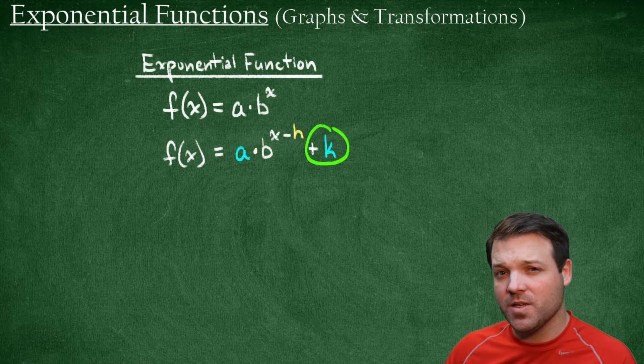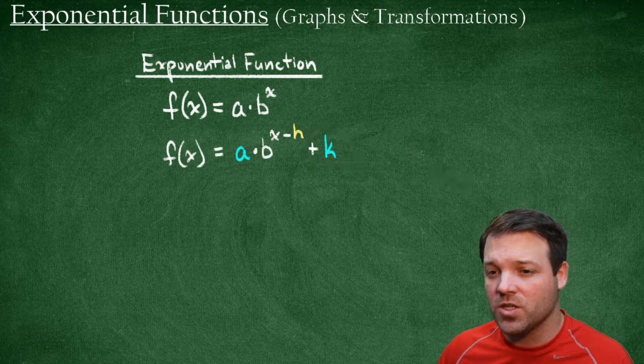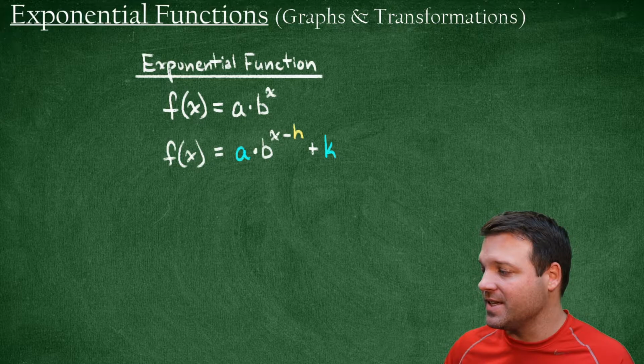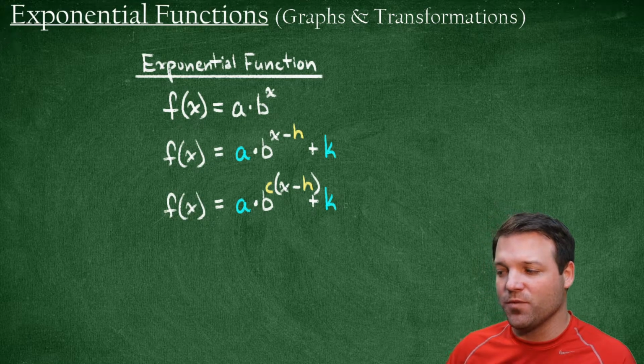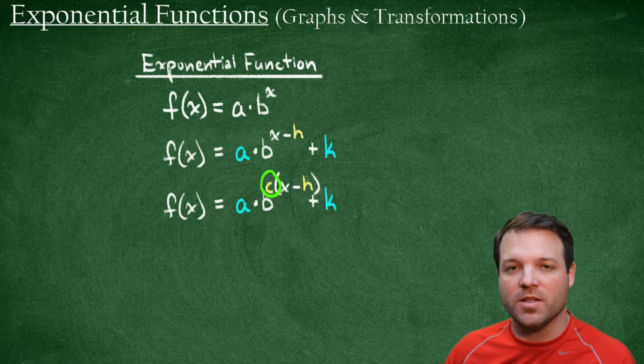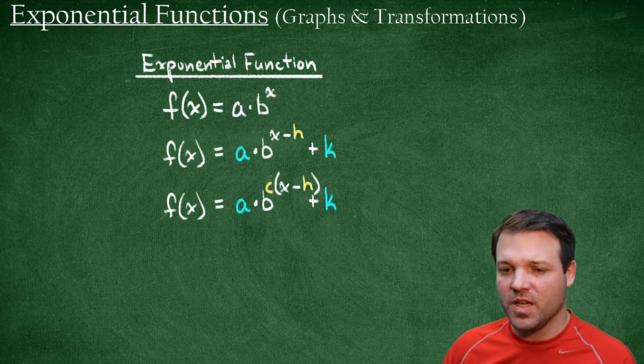Now, technically speaking, there's actually one more thing we can do. However, we're not really going to cover it today. The full transformation formula would also include this constant out front here in the exponent, which is a multiplier.